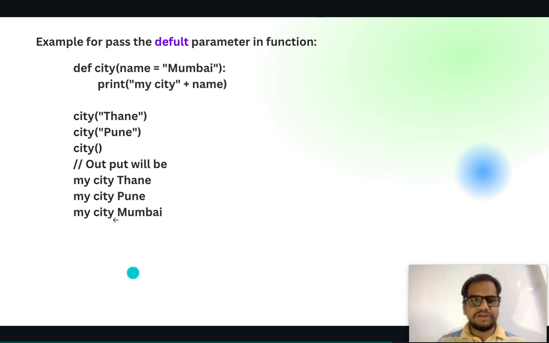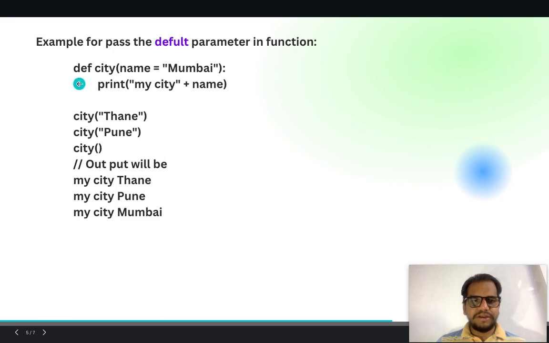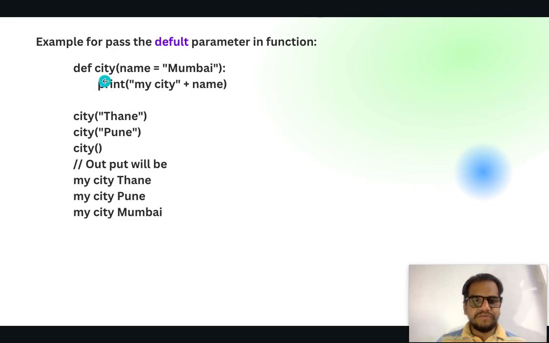So here we can check one example, like we have taken here def city as the function name, and name is equal to Mumbai. Name equals Mumbai is a default value against the name. So we can print here my city concatenated with the name, like this.